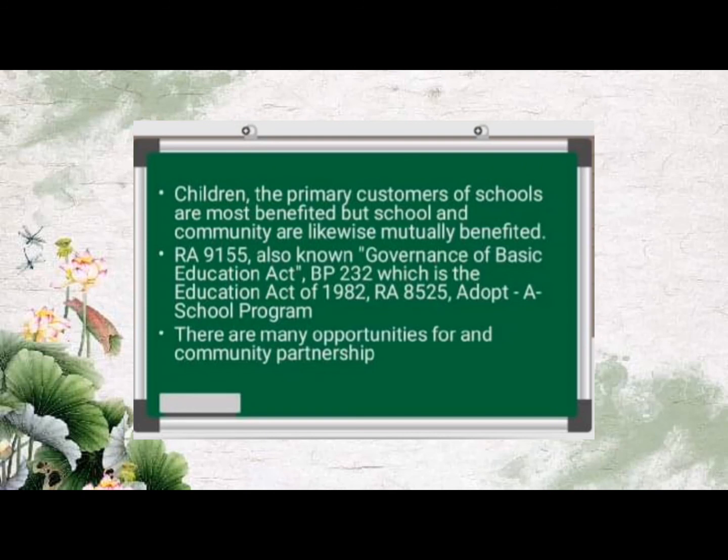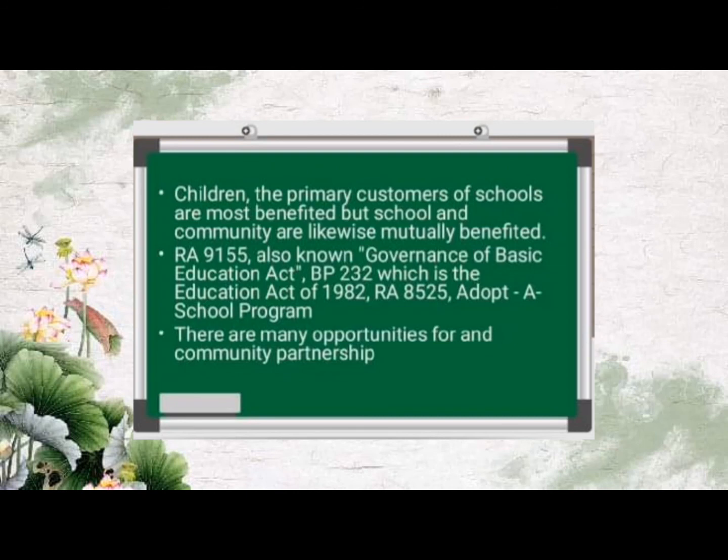RA 9155, also known as the Governance of Basic Education Act, BP 232, which is the Education Act of 1982, RA 8525, the Adopt-a-School Program Act, and Agenda 2030 stipulate school and community partnership.